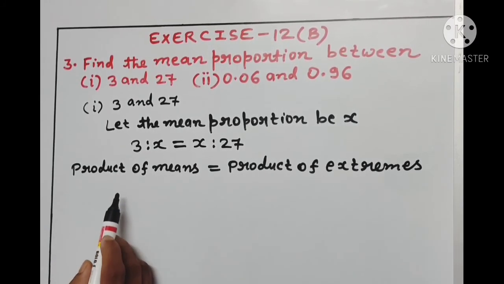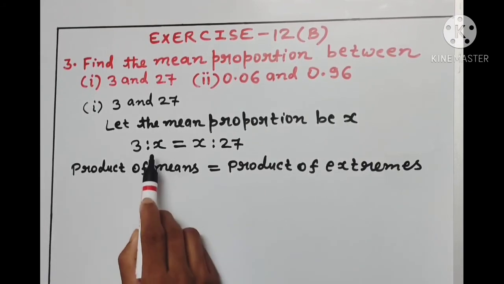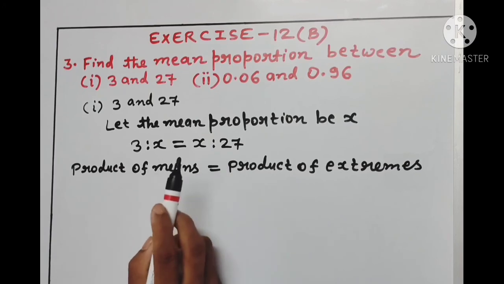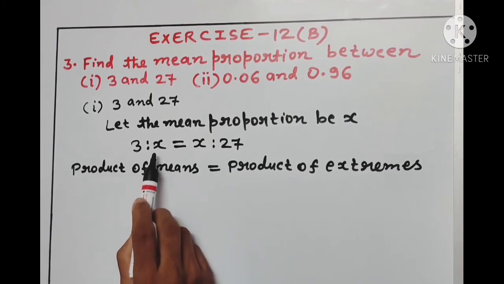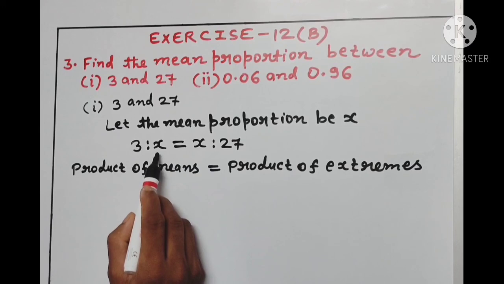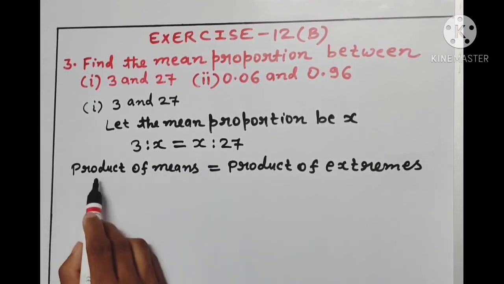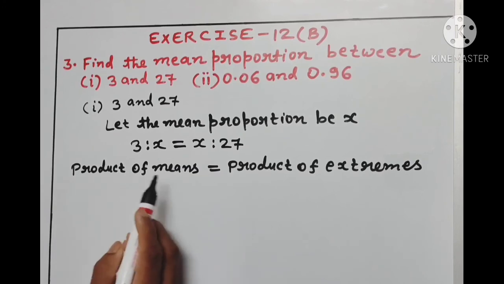So now we are going to write the product of means. So in this proportion, what are the means? This second term and the third term both are called means. So the second term is x and the third term is also x. So we are going to write here product of means.